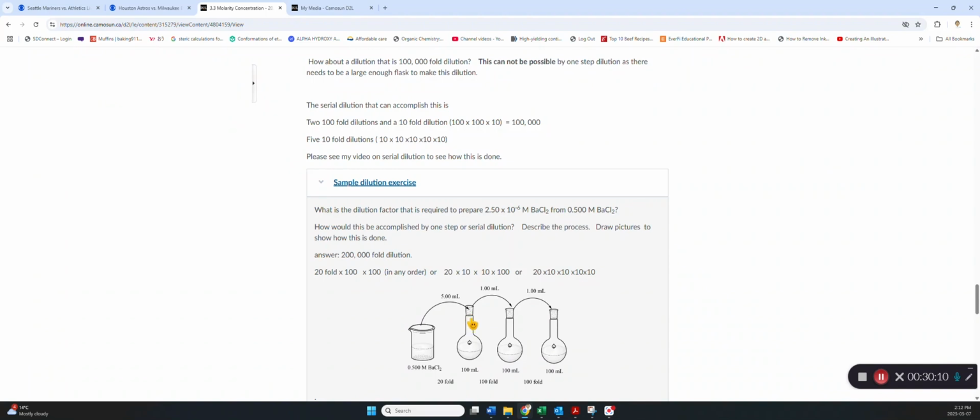You take another 1 ml with a clean pipette, transfer it to a clean volumetric flask that's 100 mils. Again, add water to the meniscus, and then cap it, shake it.